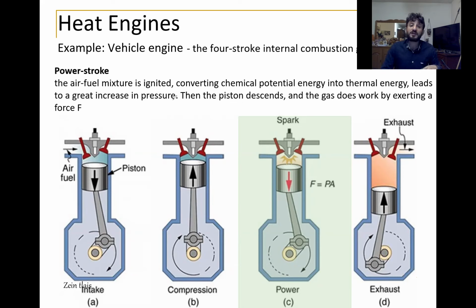So when we have the ignition of the gas, this operation leads to a great increase in pressure, spontaneously. You increase the pressure of the gas. So the piston descends and the gas does work by exerting a force F down.